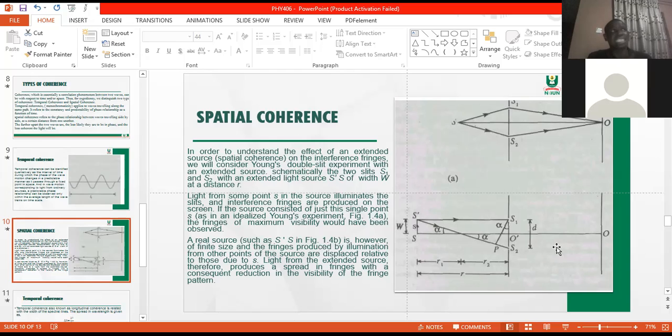What we're trying to say here is that we will be able to see a bright fringe, but it will be small. But with an extended source of light, we will have a very big fringe, but the visibility will be very, very small.